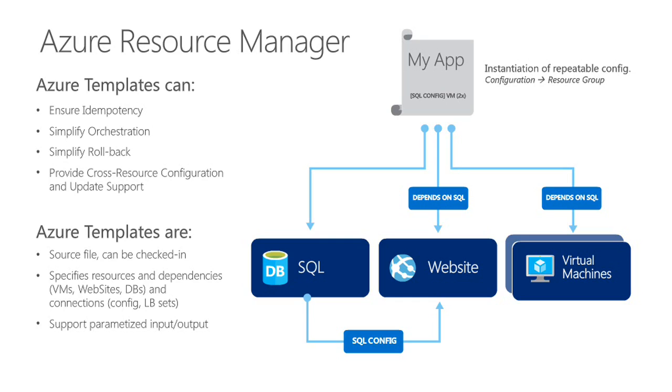It can perform orchestration in terms of deployment and rollback, and it's essentially source code. Right? It's essentially a configuration-as-code mentality that you can check in and keep track of any changes. So it allows you to simplify your deployment processes instead of dealing with each of these resources one by one.